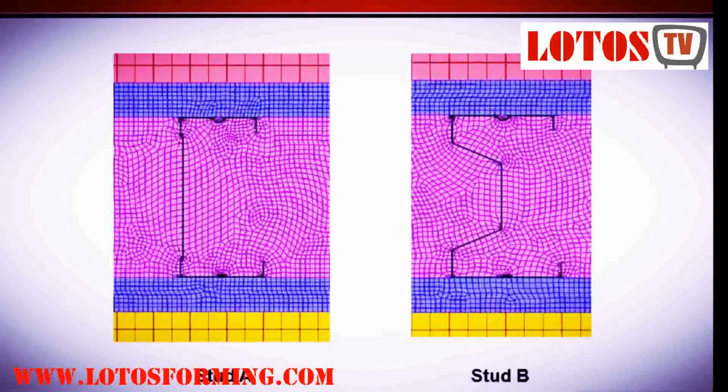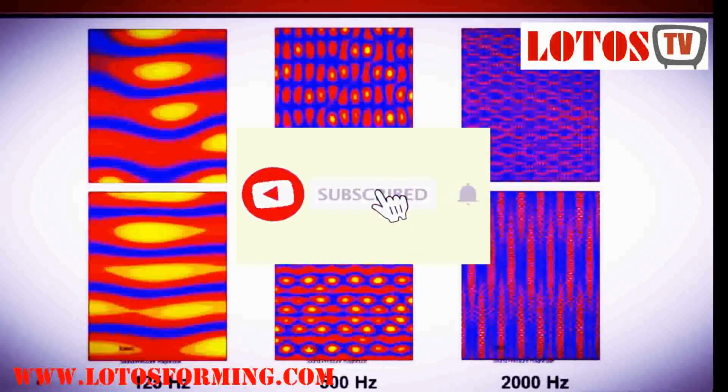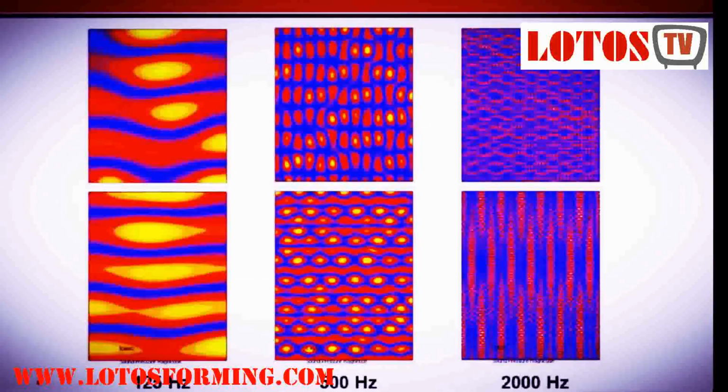And here to show you a bit of detail about the two different studs that we use in two different acoustic analyses. This is for stud A, and this is for stud B with a different shape. And here is the result represented in terms of acoustic pressure distribution for different frequencies, from small frequency to high frequency.